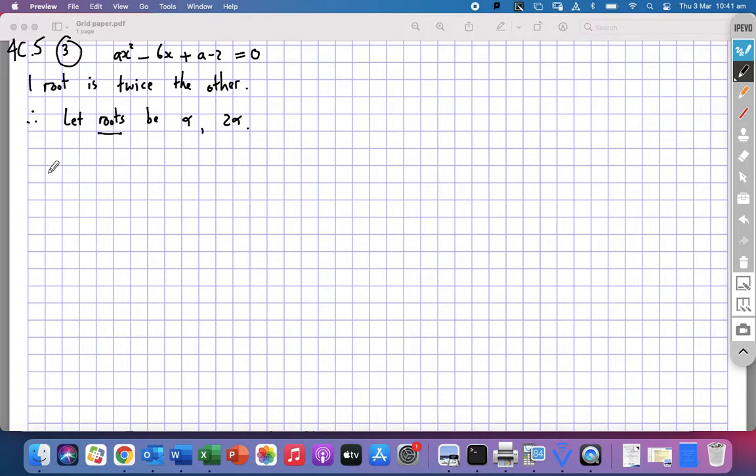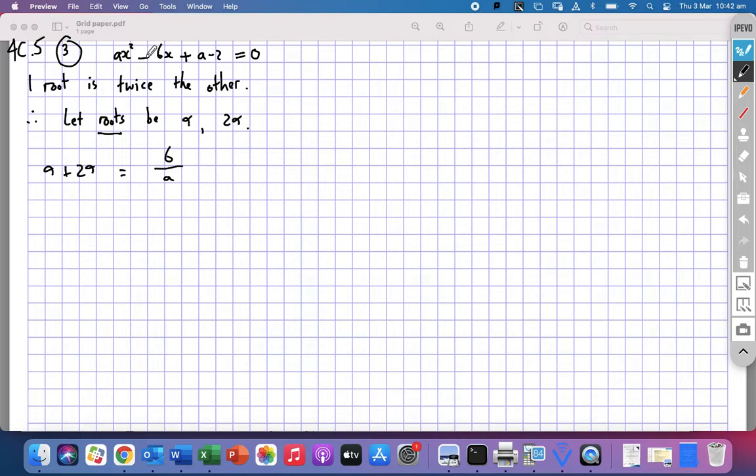But what we do know is that alpha plus 2 alpha, that's the sum, has to equal 6 on the a term, which is a, right? Just remember your sum is minus b on a, not b on a.